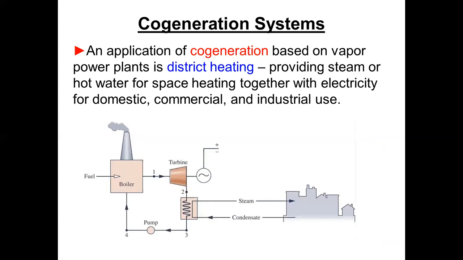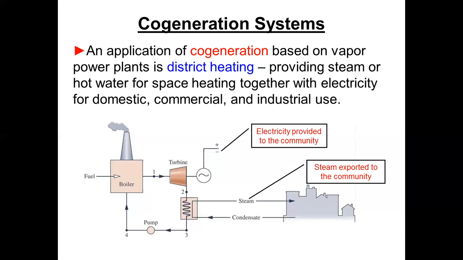So then what they would do is put that into a heat exchanger, make hot water or steam. A lot of times they'll just make hot water and pump that out, or they may distribute steam out to a neighborhood, and people heat their homes with it. And so that's very good. Or it could go to the plant for additional use. Okay, steam exported to the community, electricity exported. And so we're getting two products out for one fuel source, cogeneration.